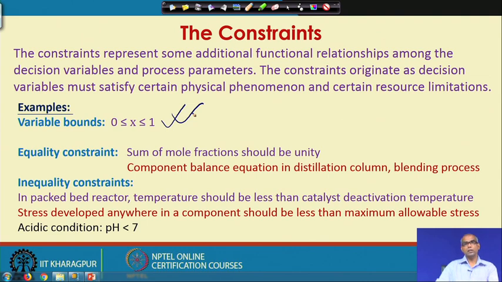So, you can write temperature T must be less or equal to the temperature at which the catalyst becomes deactivated. Stress developed anywhere in a component should be less than maximum allowable stress. We will represent acidic condition as pH less than 7. So, these are all examples of inequality constraint.